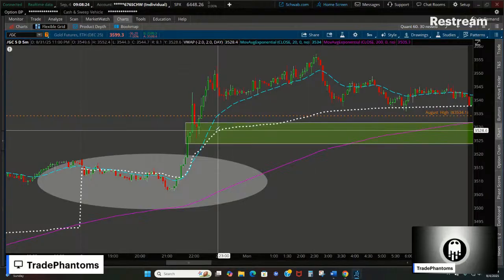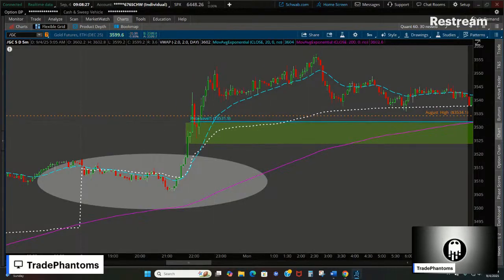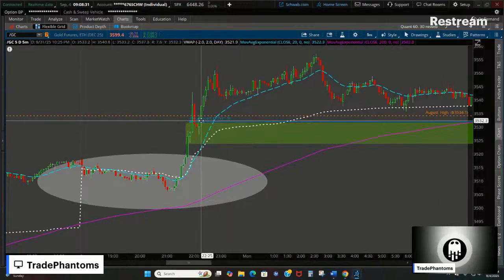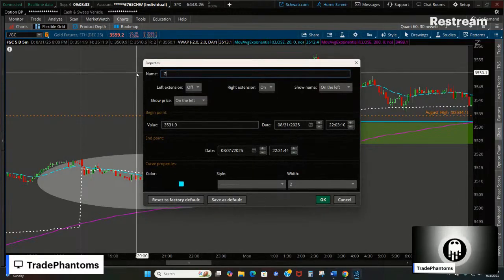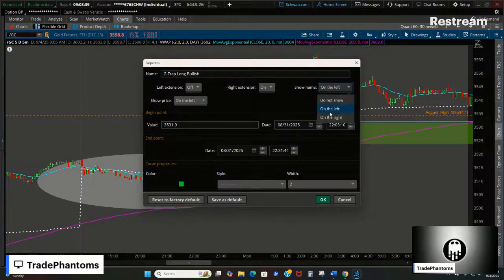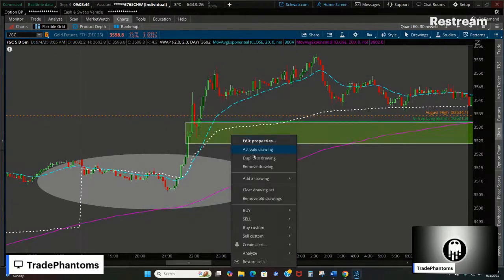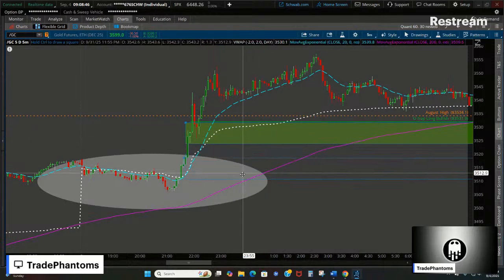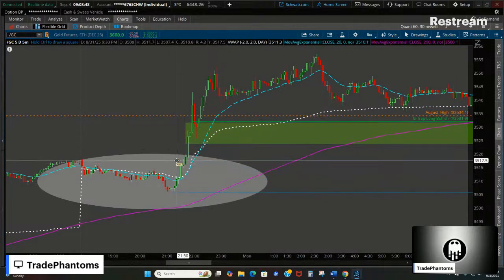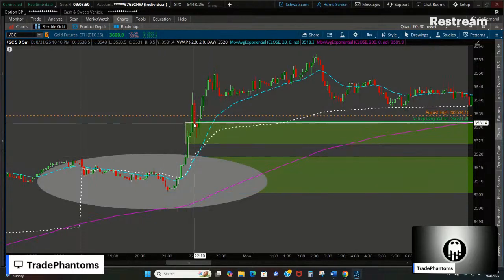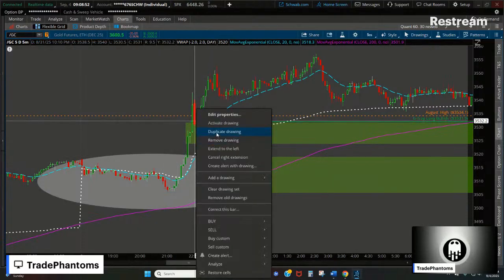It's ugly green. Gold futures. It says level on level in here.